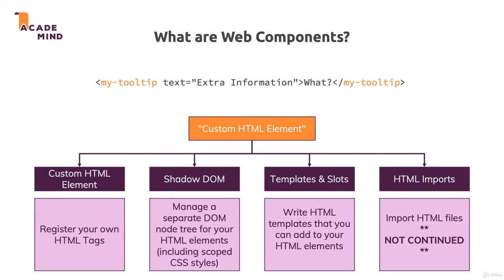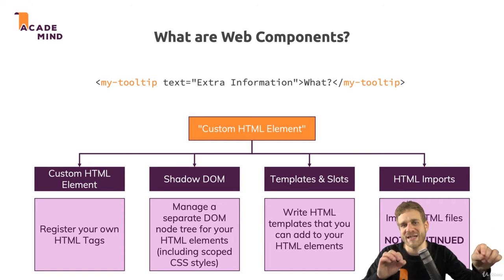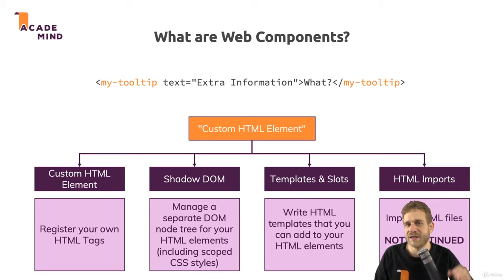Now, this is not continued anymore because the industry moved in a direction where we use JavaScript for all of that and where we use modern build tools and JavaScript modules to import and export inside of our JavaScript files and import the HTML templates as strings there as well. And this is also the approach you will see in this course, and I will explain and show it there.